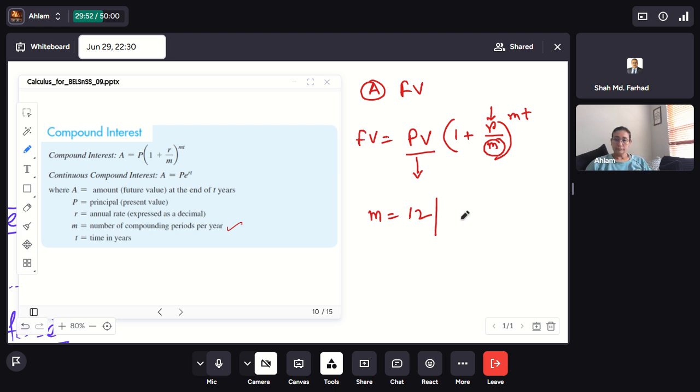If the interest is compounded quarterly, what will be the value of m? Quarterly, it will be 4. m is the number of compounding periods per year.